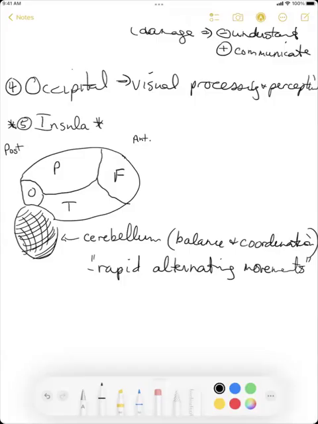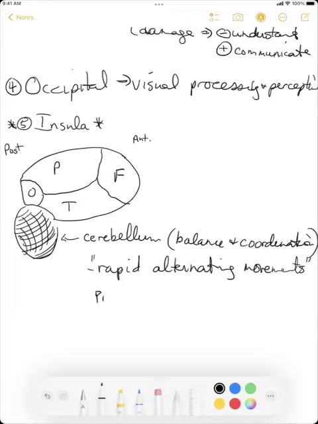And we test both sides. We test the left and we test the right. People who cannot do these rapid alternating movements, there's a term that is used to describe a lack of ability to do them.